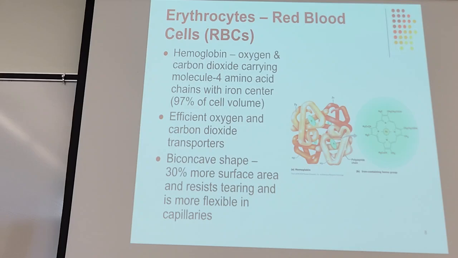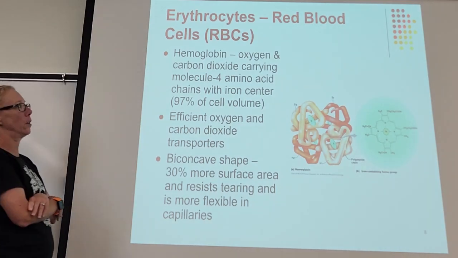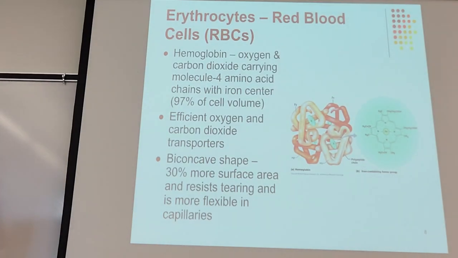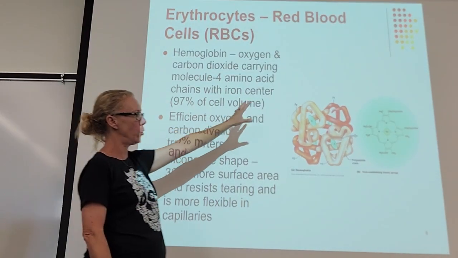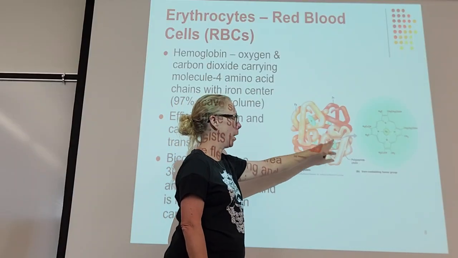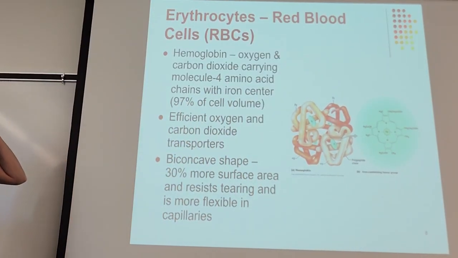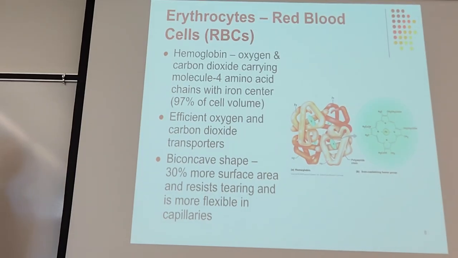Erythrocytes can carry oxygen because they have a protein called hemoglobin associated with it. Hemoglobin can carry oxygen. It can also carry carbon dioxide. Hemoglobin structurally is basically 4 chains coming together with iron molecules.